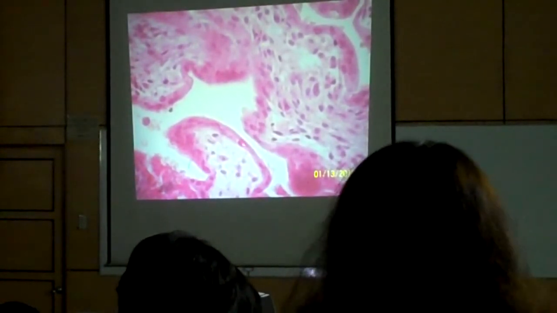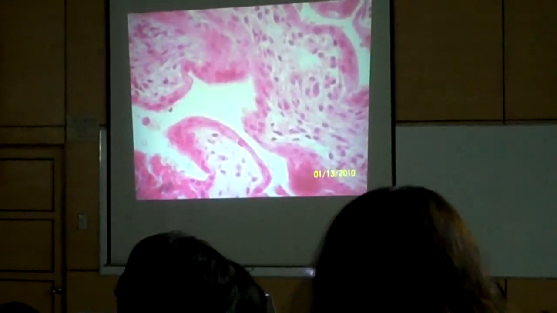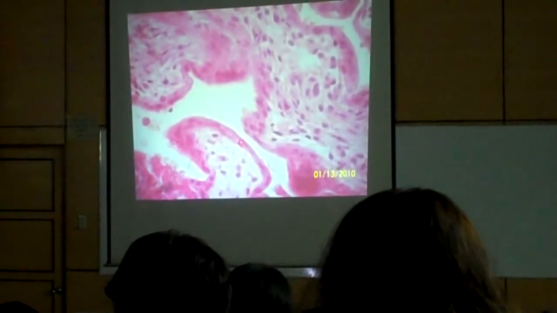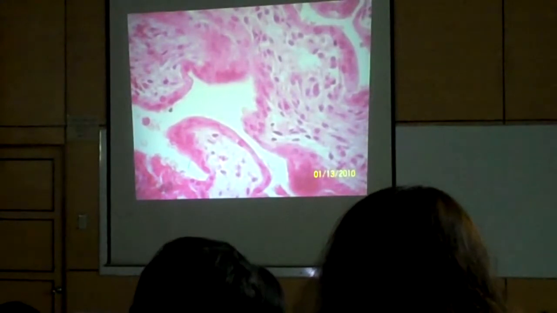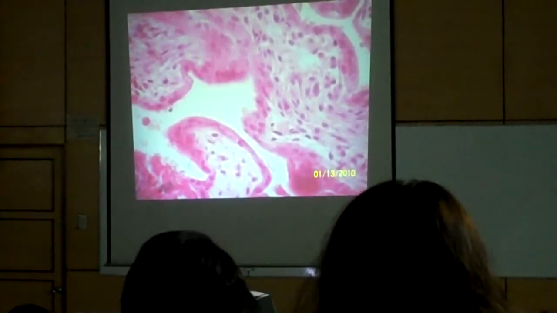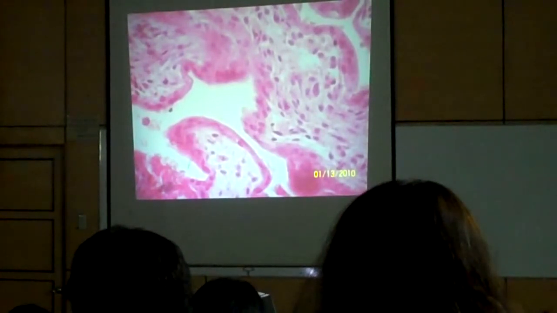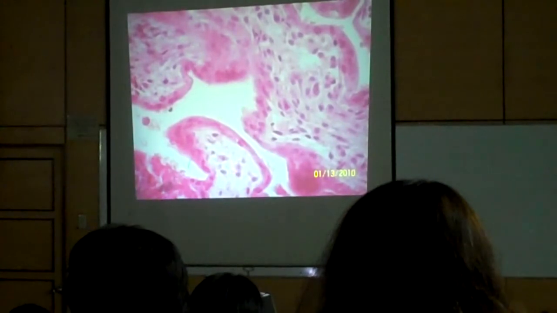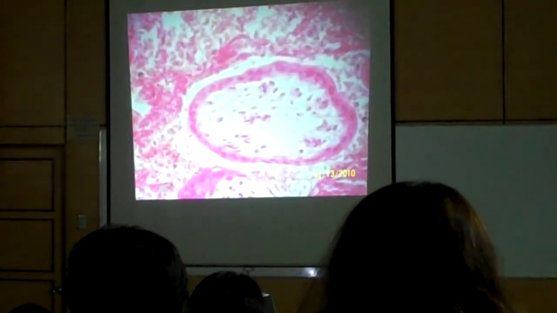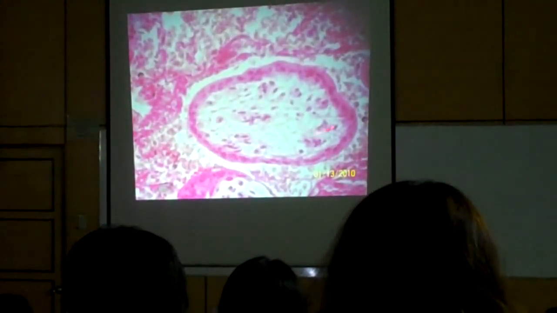Cytotrophoblast. Okay, so you have 2 layers of cells, and the stroma is also mesenchymal, but what do you notice in the core of an immature villus? Okay, no blood vessel, right? You cannot recognize any blood vessel here. There, none either. So that's an immature placenta.